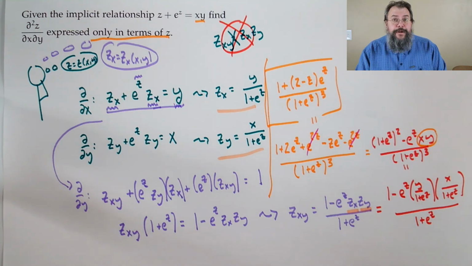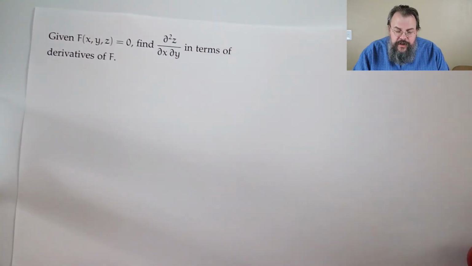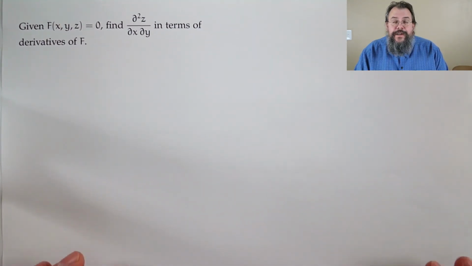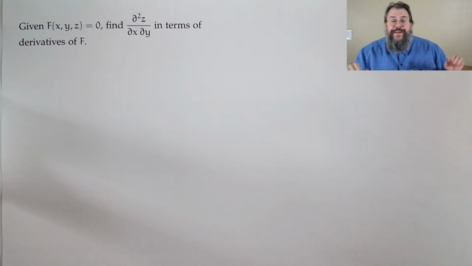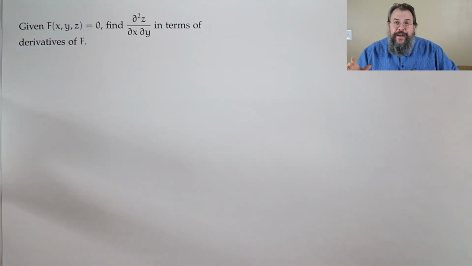All right, I think we have one more problem, which will take this one and kick it up a notch. So let's do that one. So we're going to take the preceding problem and say, let's do it completely symbolically. So instead of doing a special case, we're going to say, suppose we have some function f of x, y, z equals 0.